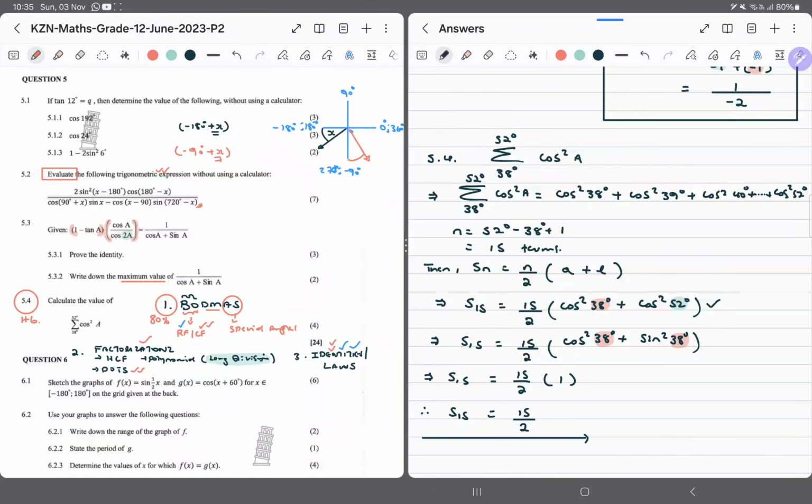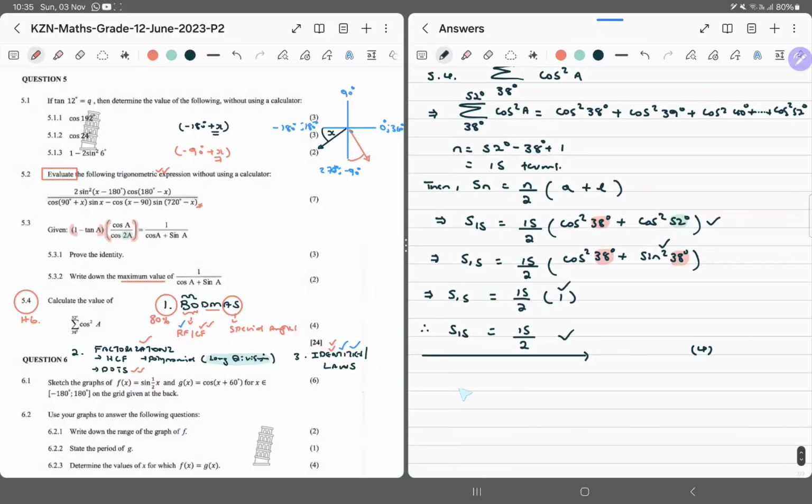Okay, great. And using our correlations, we get a mark there. Then using our square identity is a mark and our answer. Okay, so this is how we score those 4 marks. And if no mistakes have been committed, we have scored those 24 marks.